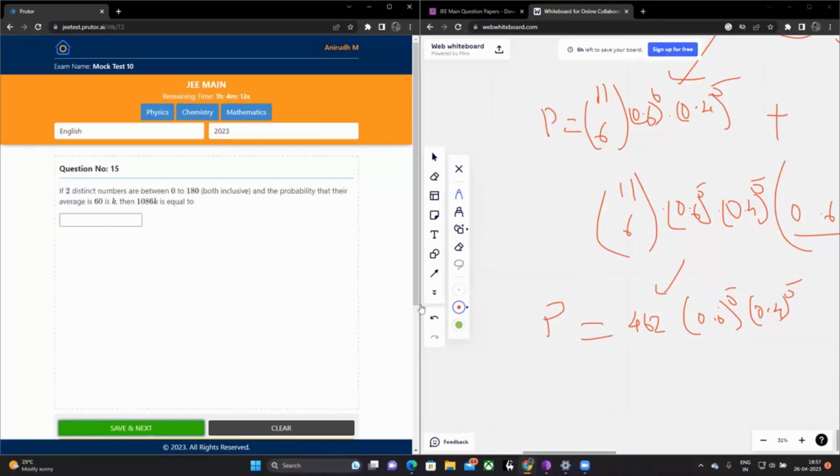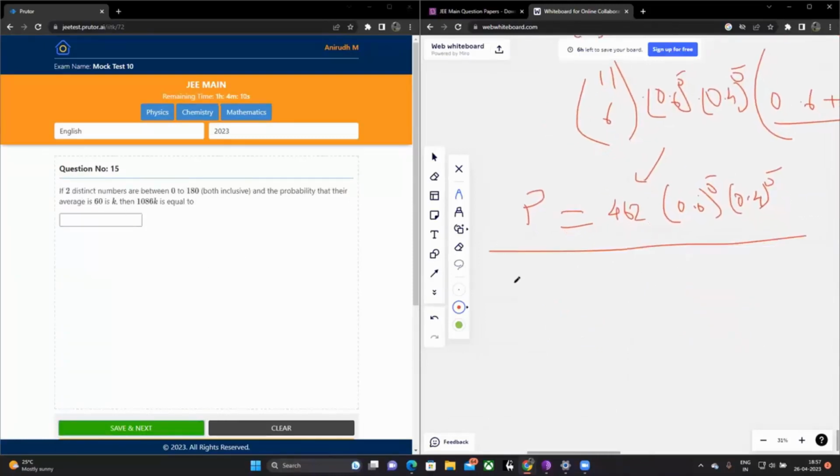That's your answer, right? Question number 58, where you have two distinct numbers between 0 and 180, probability that the average is 60, right? This question is basically simple if you know what to look for, right? So you are asked to pair up two numbers, right?